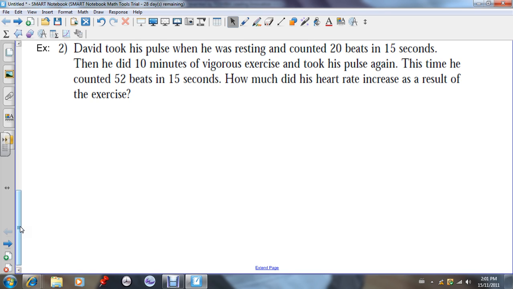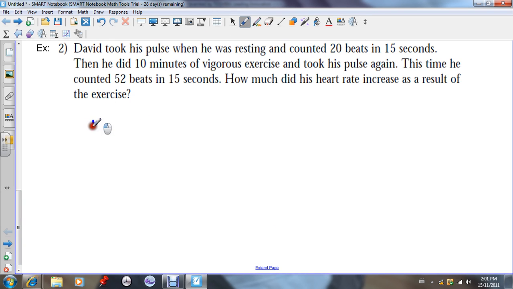Well, again, how much did his heart rate increase? We're looking at a rate of change. Why? Because in 15 seconds when he was resting, it was 20 beats. So, when he did 10 minutes of vigorous exercise, his heart rate increased to 52 beats in 15 seconds. How much did his heart rate increase?